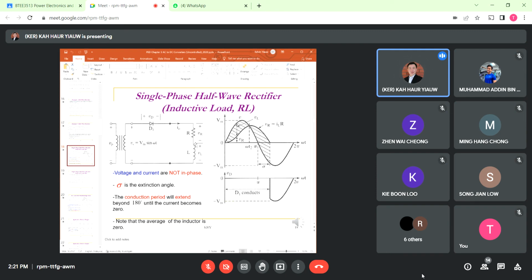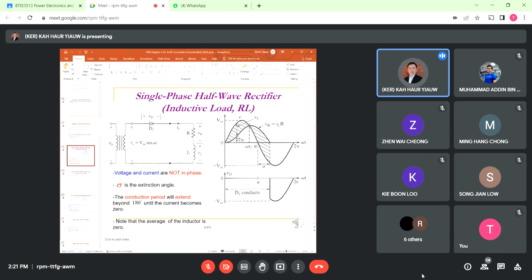But because of the energy stored here, the current is forced to flow in the same direction, until the secondary side voltage is larger than the energy produced from the inductor here, and hence the current is forced to go beyond.